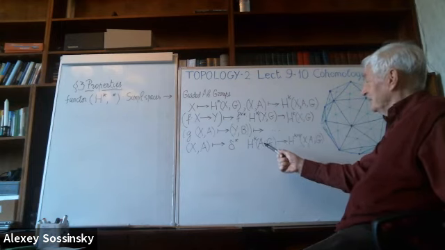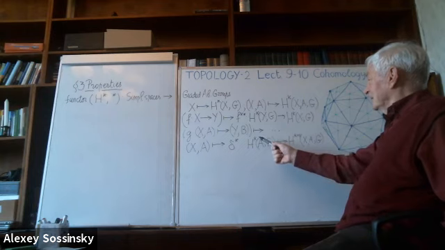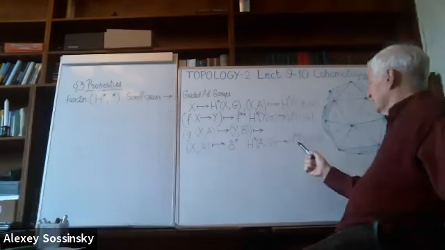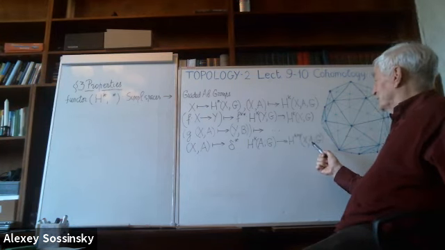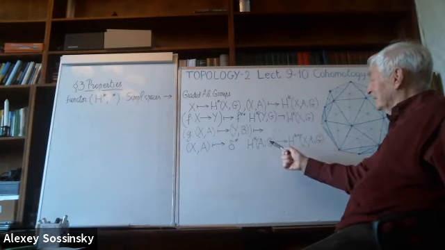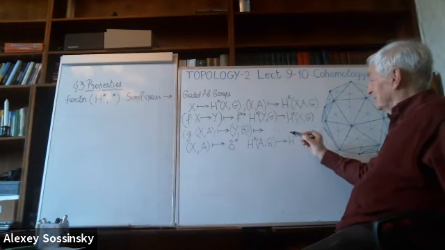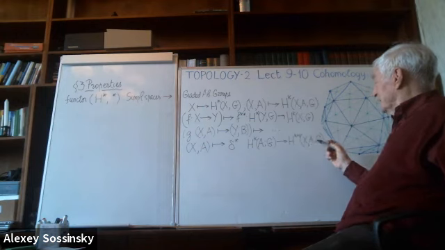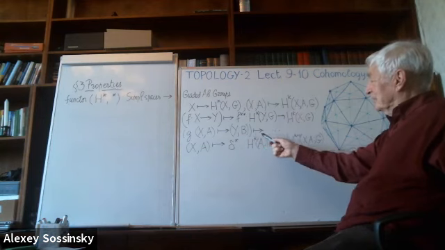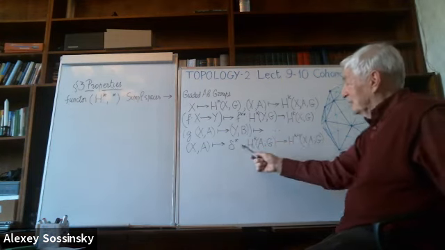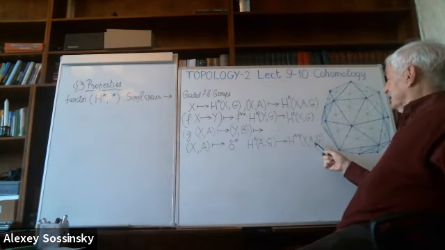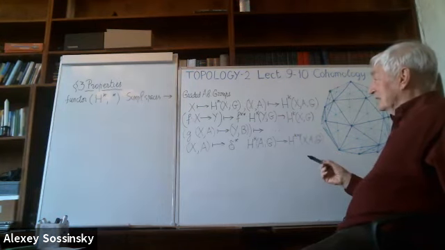Notice that here the indices have been raised, the arrow has been interchanged, and so this D star takes us from the absolute cohomology group of the smaller space to the relative cohomology group of the pair.